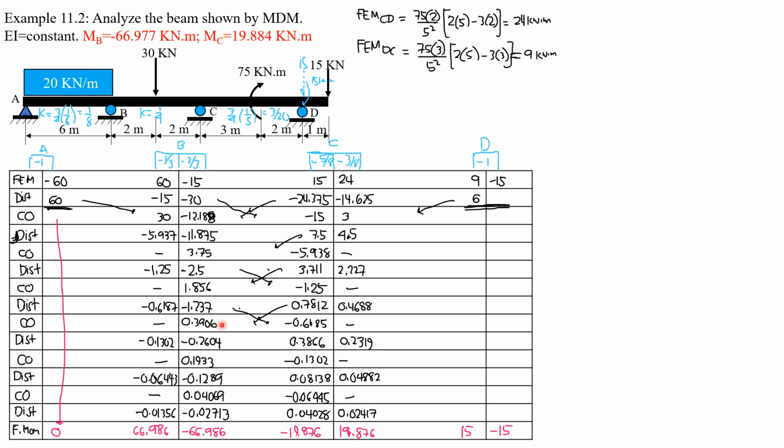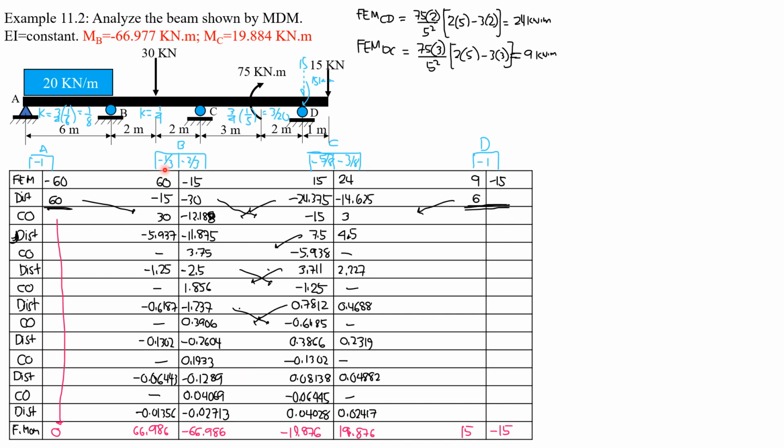So 0.3906 times negative 1/3, that's the value. 0.3906 times negative 2/3, that's the value. Negative 0.6185 times negative 5/8, 0.3866, then times negative 3/8, 0.2319. Carry over next, none. Half of 0.3866, 0.1933, half of negative 0.2604, negative 0.1302.